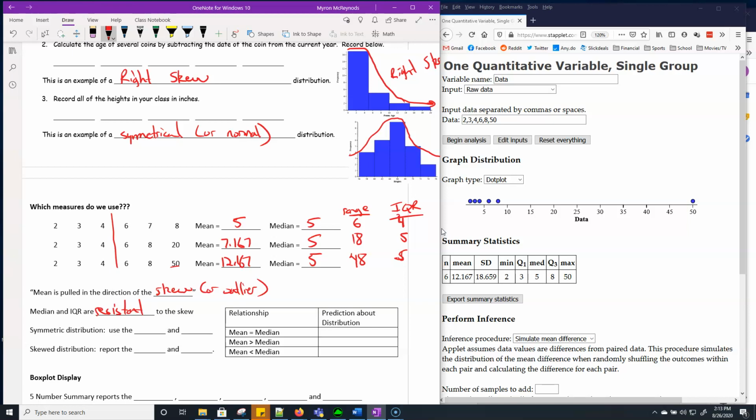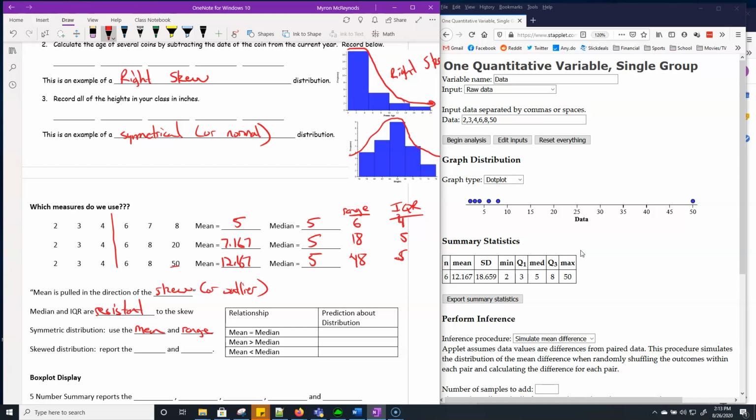So if your graph is symmetrical, all the data is nice and neat in one area, and you don't have any crazy outliers like that, and there's no skew to the data, you would use the mean, and you could use range.